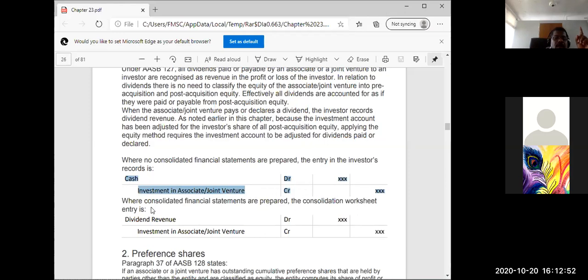But when you prepare consolidated financial statements, when you say consolidate, there is no such entity. When you think about no consolidated financial statement, it means you are preparing the financial statement for the investor. Investor is there.